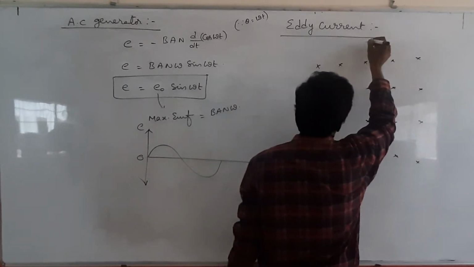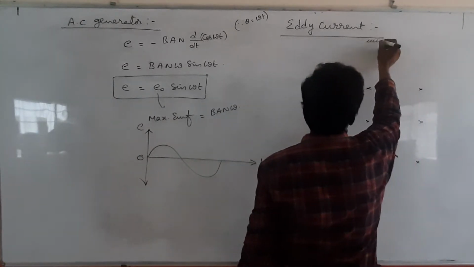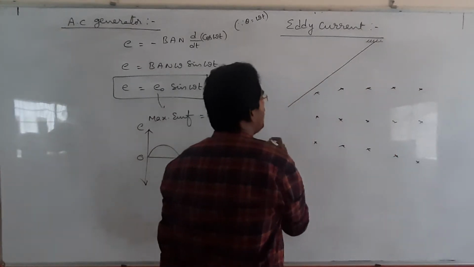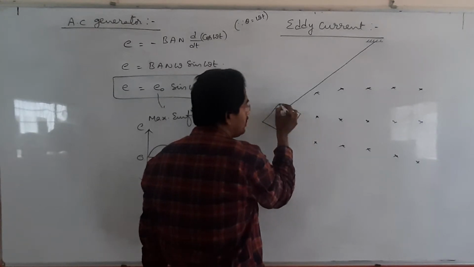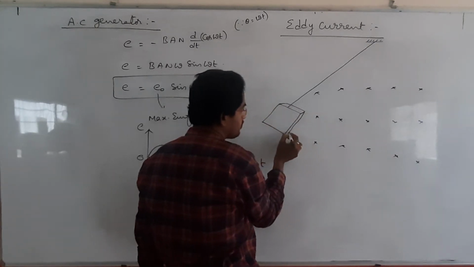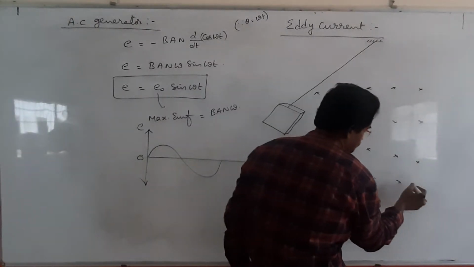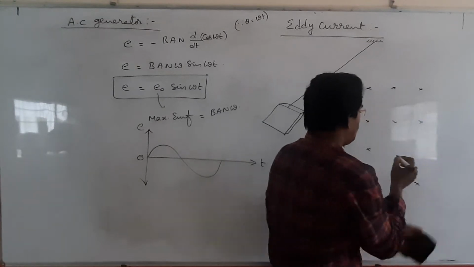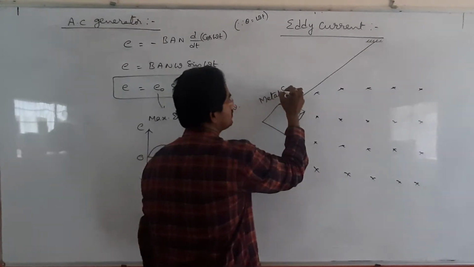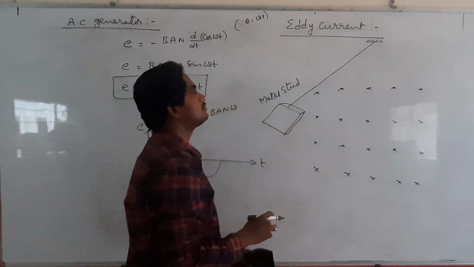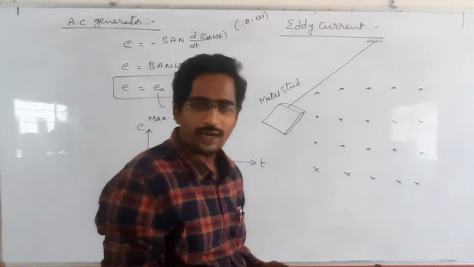Into that magnetic field, a metal stud is being sent. It is a metal stud, a thick metal plate, so called metal stud. Once this metal stud is allowed to enter into the field, what happened?